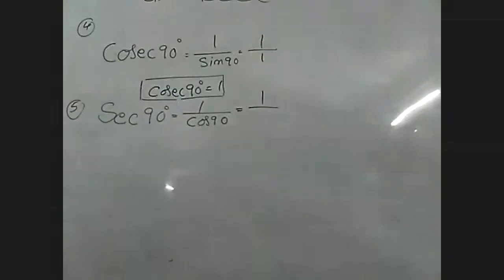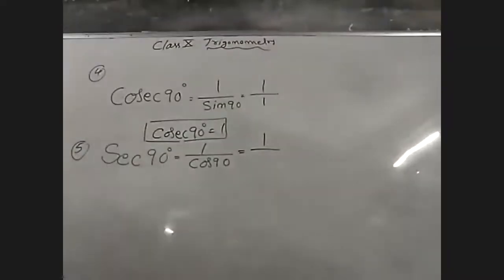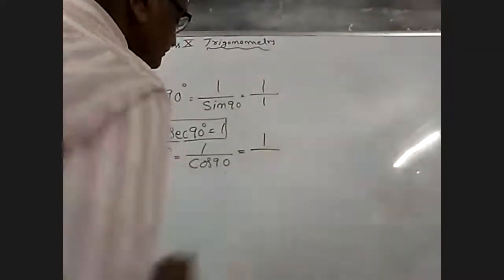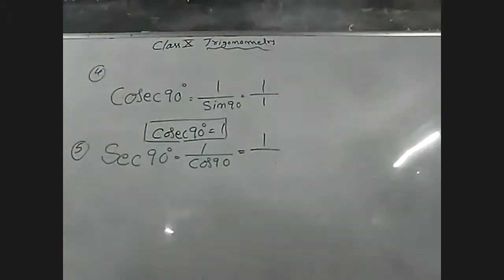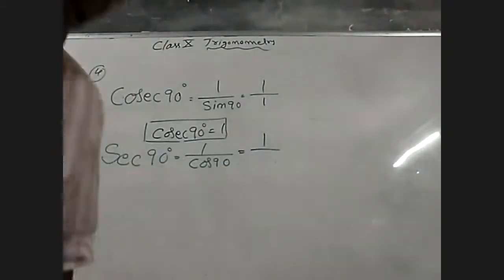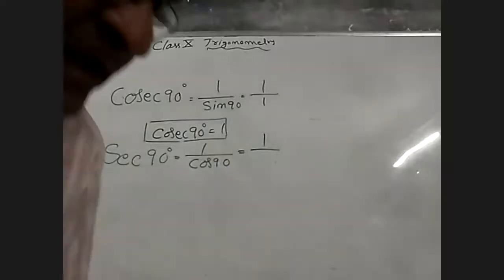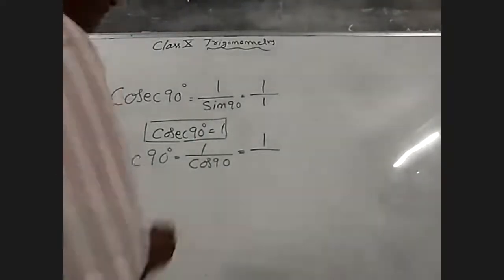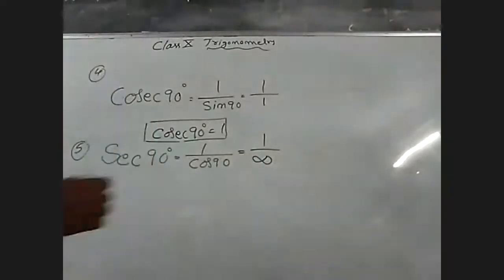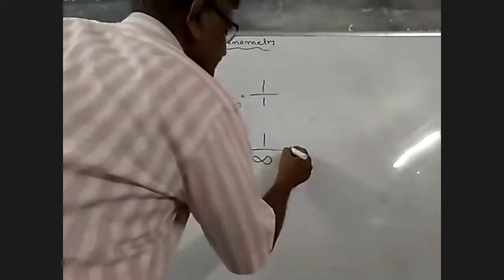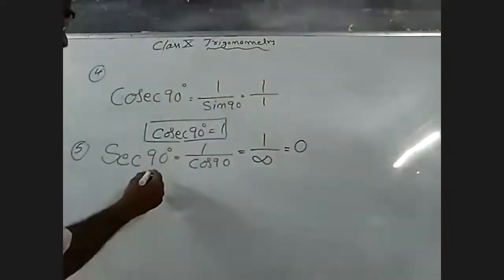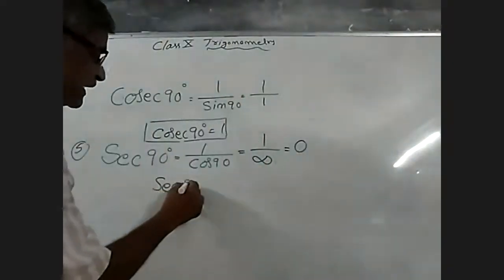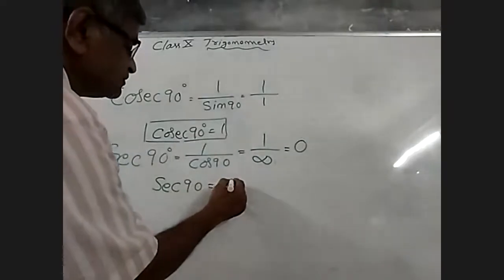Sin 0 is 0, sin 90 is 1, cos 0 is 1, cos 90 is 0. So 1 by 0 is infinity. Therefore, secant 90 is equal to infinity.